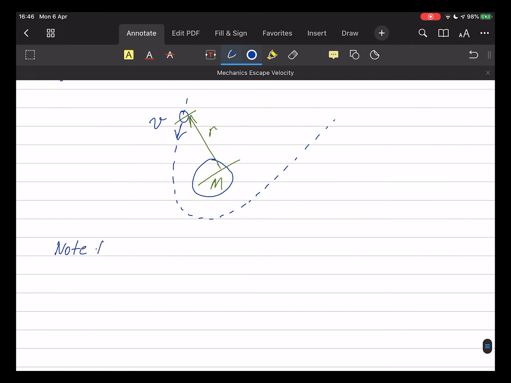We note that the velocity will eventually be decreasing.